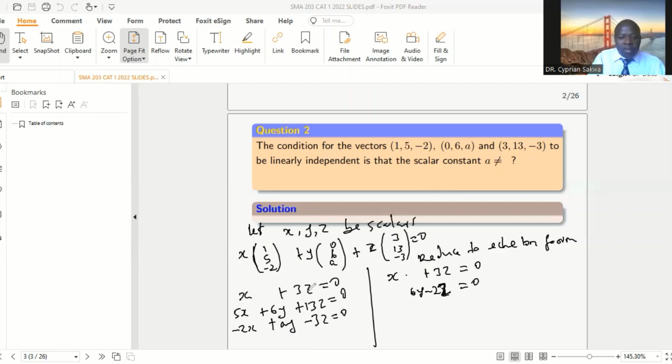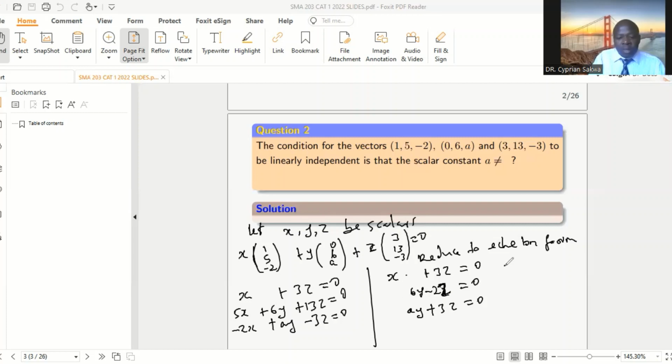Now, multiply the first equation by 2 and add the result to the third equation. You would have ay. Multiply this by 2, you have 6. Add to this, 3z. And this is 0. Now, I can see that the second equation can be divided by 2.